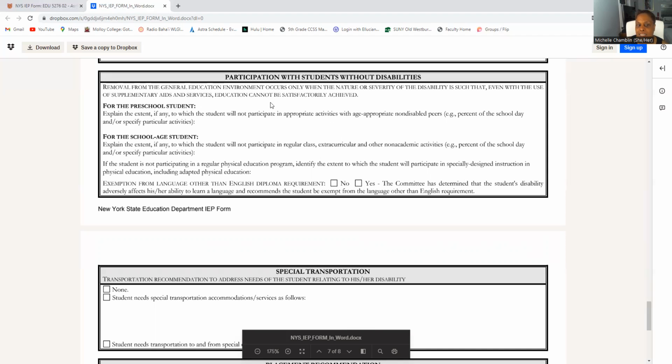So they're asking us to state that. So percent of the school day or in particular activities where the student cannot participate. And for the school-age student, also explain the extent that the student will not participate in regular class, extracurricular, and other non-academic activities. Percentage of the school day.